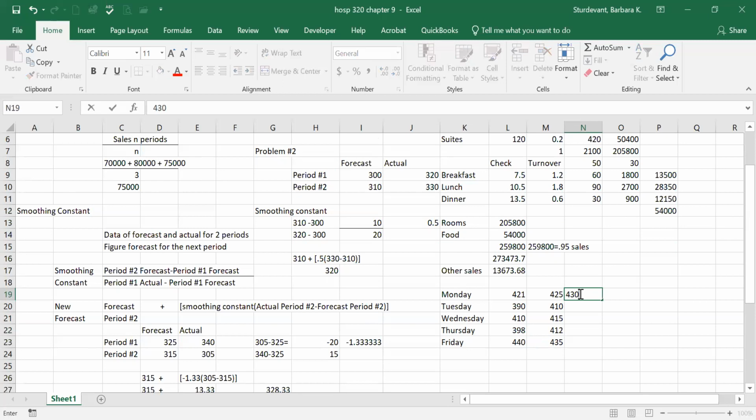So with these, all you're doing is the moving average, which is basically just taking an average. And you're doing it based on 2 different rotations.